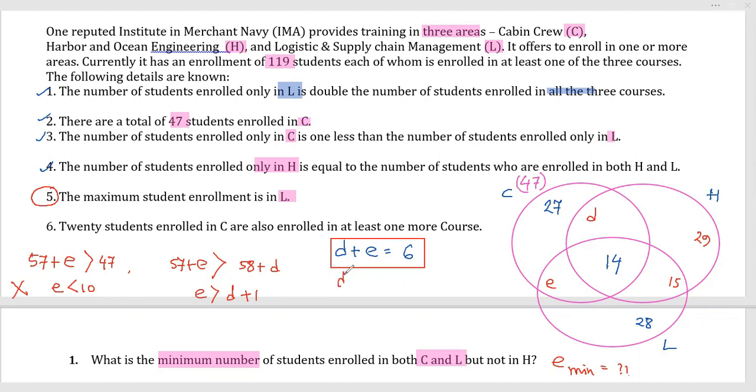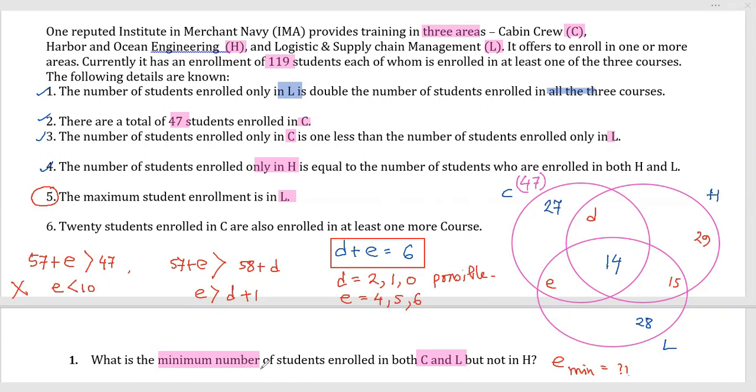So D value is less than 3, meaning 2, 1 and 0. These are the possible D values, and the value of E, as the sum is 6, would be 4, 5, 6. These are the values of E.